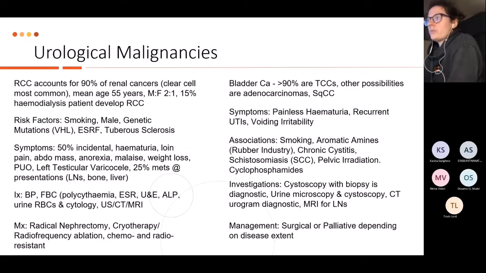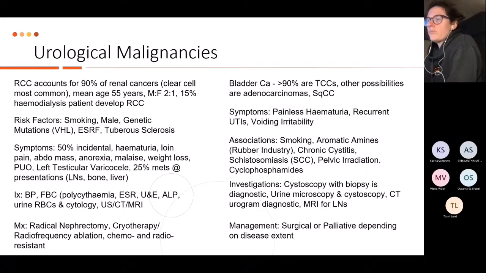Fine. So urological malignancies, very quickly before this ends. Renal cell carcinoma accounts for 90% of renal cancers, mostly middle age, mostly men, and hemodialysis is a big risk factor. Risk factors: smoking, male, genetic, and end-stage renal failure.